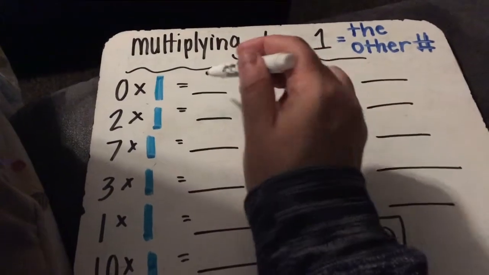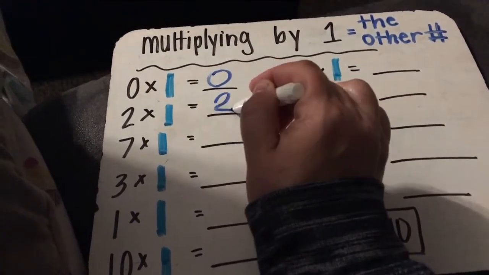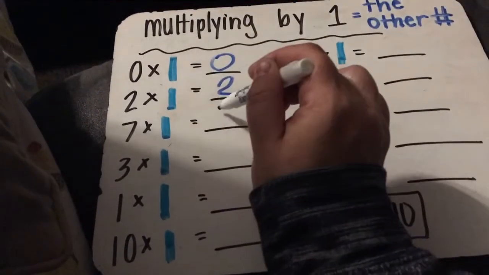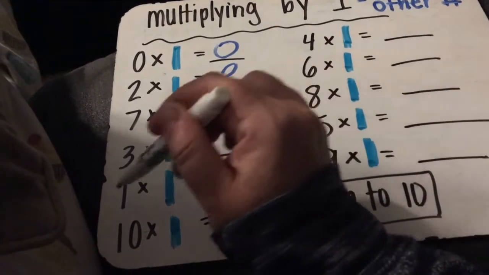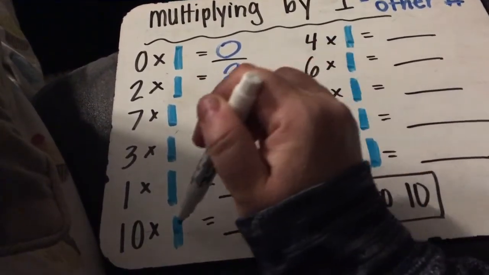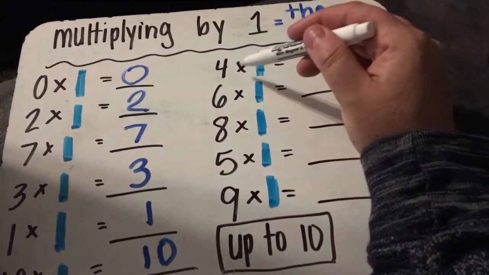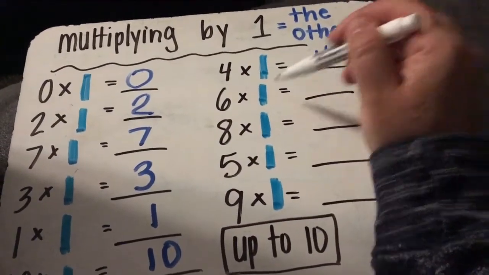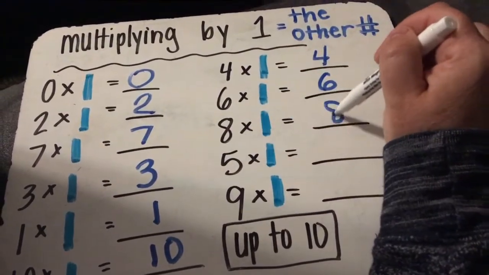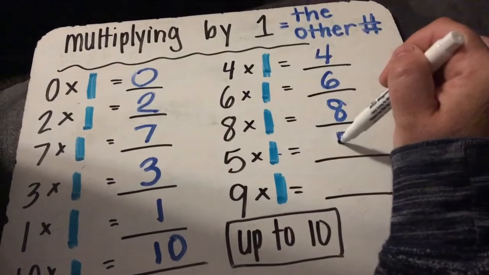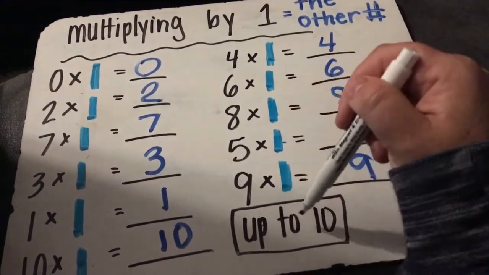So we look at the other number: 0, 2, 7, 3, 1, 10, 4, 6, 8, 5, 9.